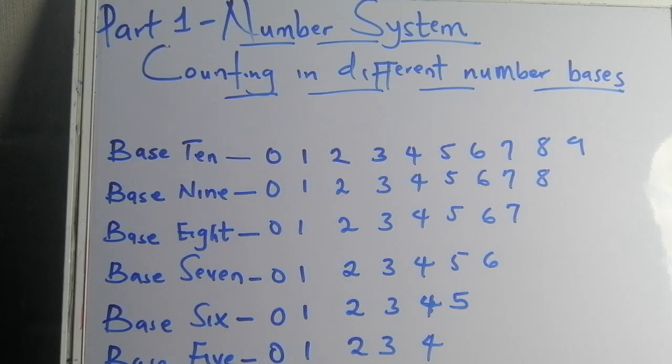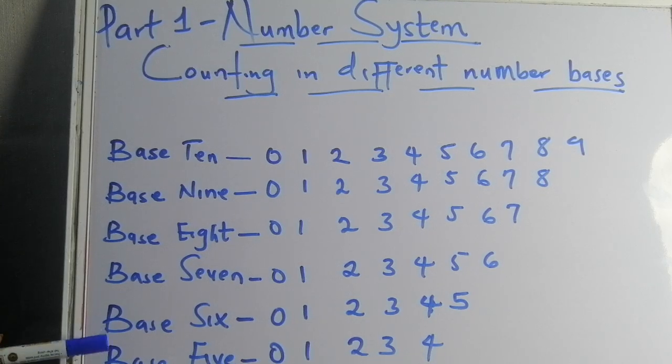For base 7, the highest number you will see is 6. Nobody will ask you this directly, but you need to understand how counting in different number bases works, so that by the time we start solving examples under it, you'll see how simple it is.